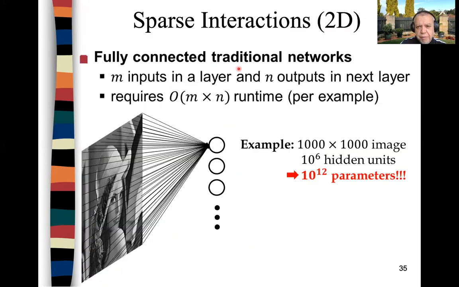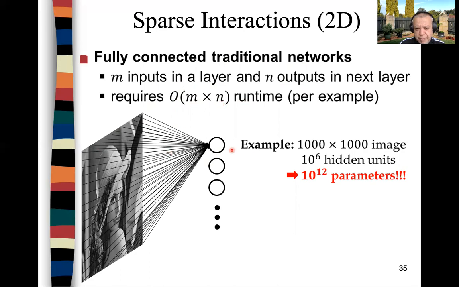And so if you have a fully connected network and you have M inputs, like M pixels here in a layer, and N outputs in the next layer, this requires M by N parameters.